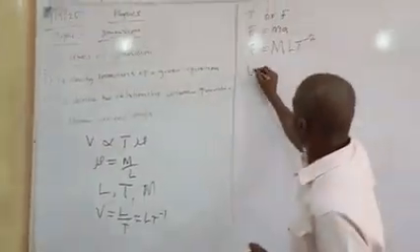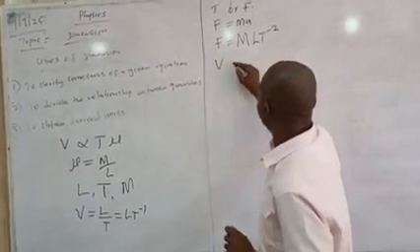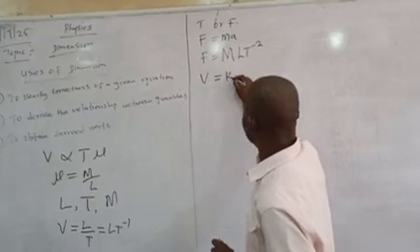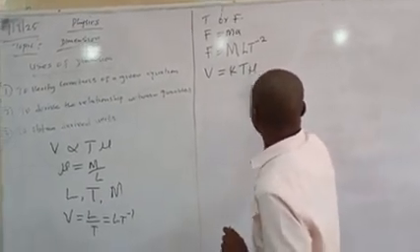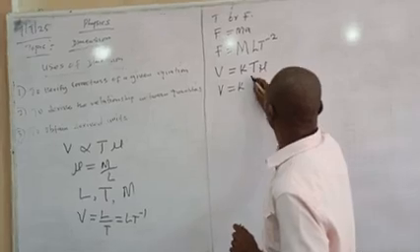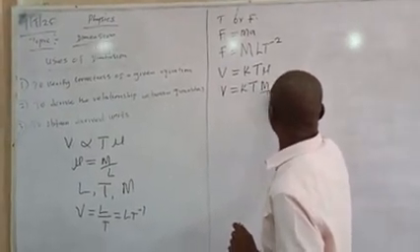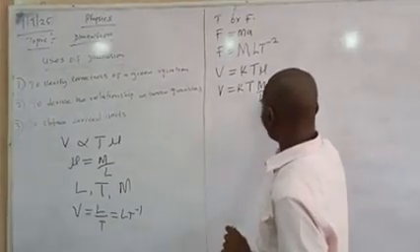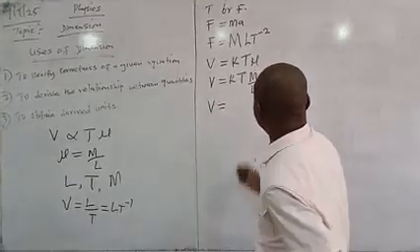We have velocity now, removing the proportionality sign, it now equals k, which is a constant, times T, mass per unit length. So we have V equals what? K, T, M over what? L. Therefore, V now becomes what?